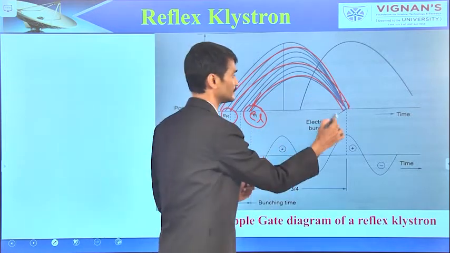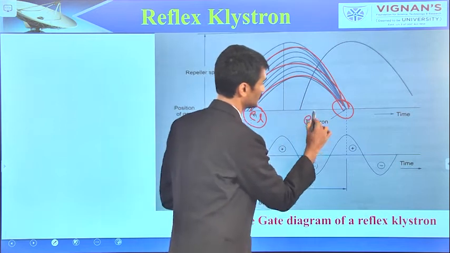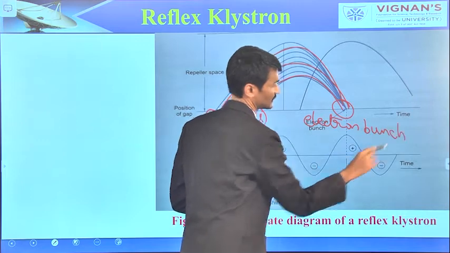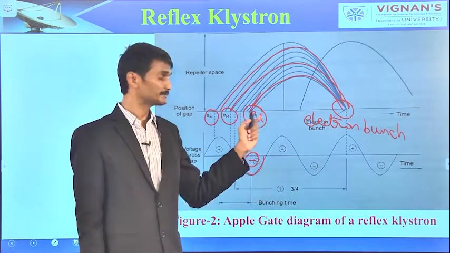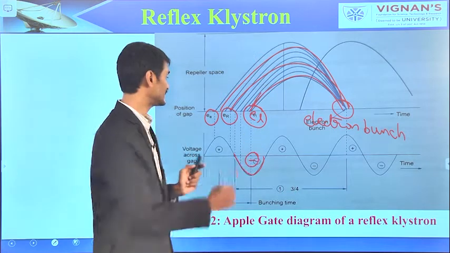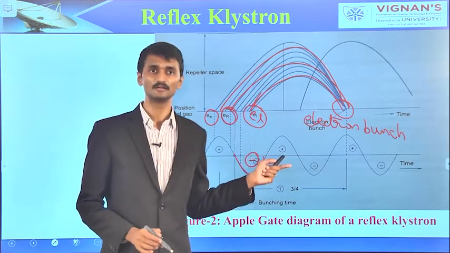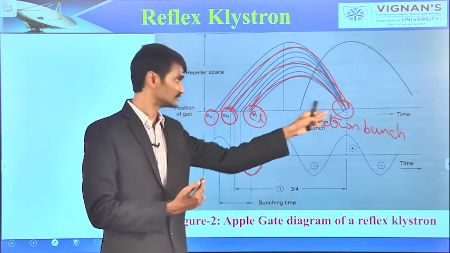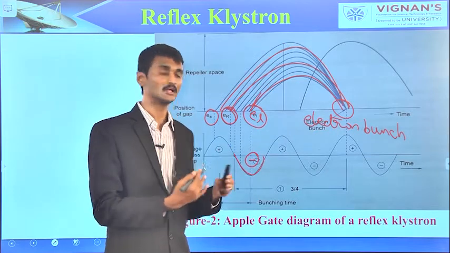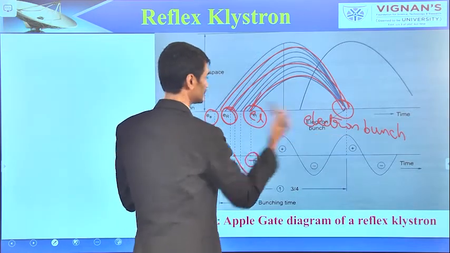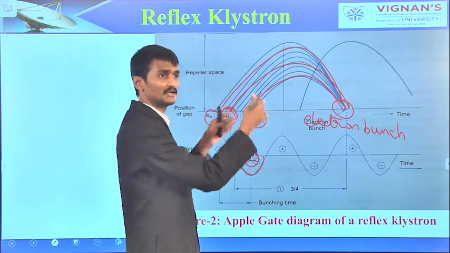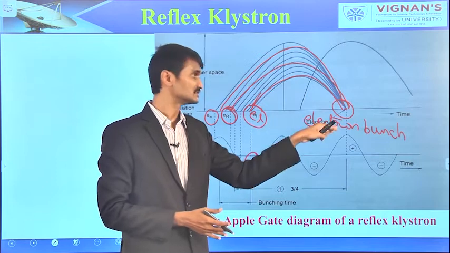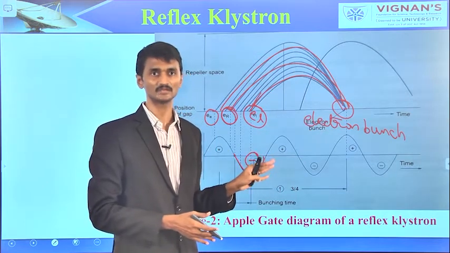So these will form the electron bunch. That bunch occurs once per cycle centered around the reference electron ER, and these bunches transfer the maximum energy to the gap, because the bunch is already at the anode cavity gap, so it transfers the maximum energy to sustain the oscillations.